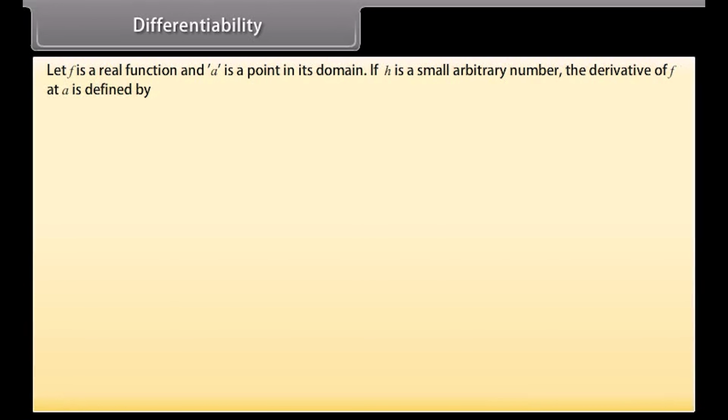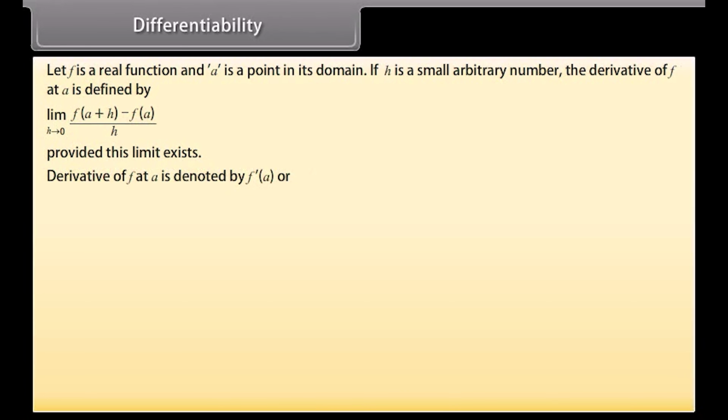Differentiability. Let f be a real function and a be a point in its domain. If h is a small arbitrary number, the derivative of f at a is defined by limit as h approaches 0 of [f(a + h) − f(a)]/h, provided this limit exists.